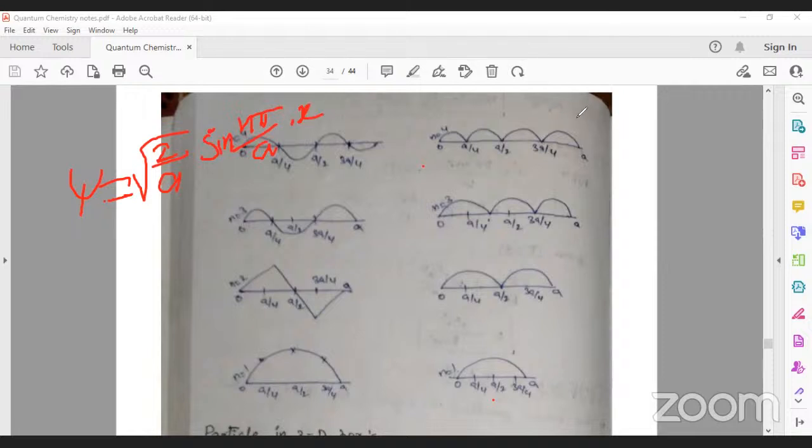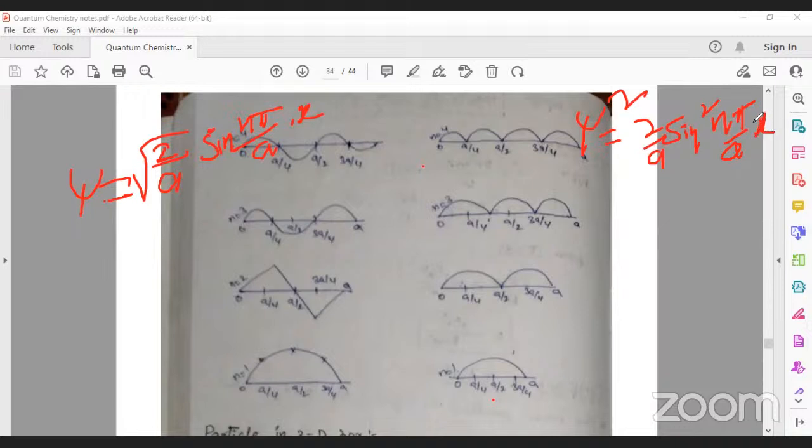Psi square means we simply take the square of that, right? Root 2 by a becomes 2 by a. Then sin n pi by a becomes sin square n pi by a into x. These are the two equations, right?